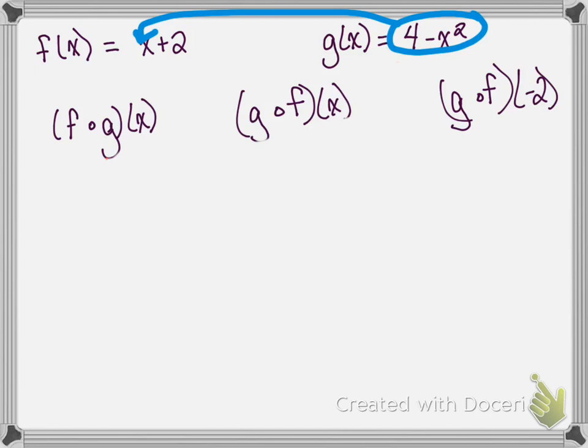So I've got 4 minus x squared plus 2. I take my G of X and put it into wherever the X is in my F of X. So this X right here was replaced with this right here.